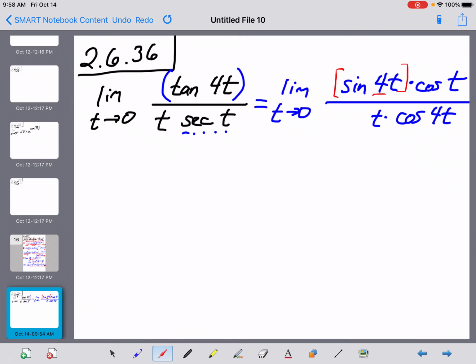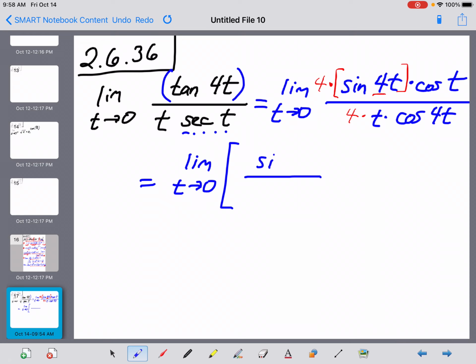We're stuck with it. So our only hope is to put a 4 in the denominator to match it up. I'm going to multiply the denominator by 4, but if I'm going to do that, I also have to multiply the numerator by 4. So this is now a limit as t approaches 0 of, and this bracket is probably unnecessary, but I'm going to put it in, 2 different fractions.